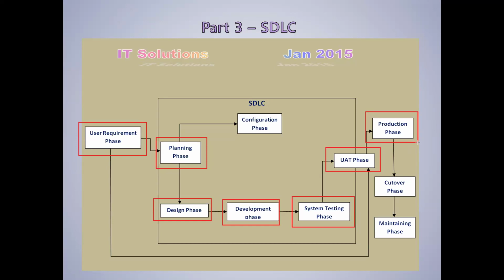If you look at user requirement phase, what happens here? Remember, I said this is a process-oriented field, so we're going to start by understanding the process. User requirement phase is where requirements get defined. Initially, high-level management will define the requirement.